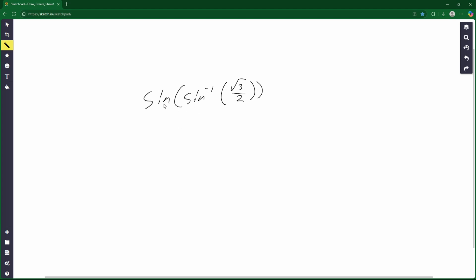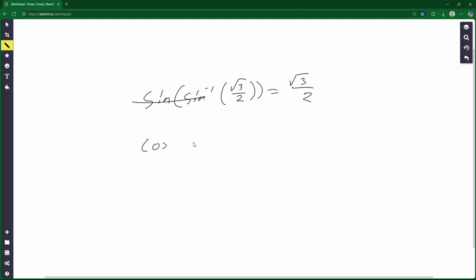Because if you do it, you're taking the inverse sine of root 3 over 2, which is going to be pi over 3, and then the sine of pi over 3 is just going to equal root 3 over 2. You're just going to get the same thing.